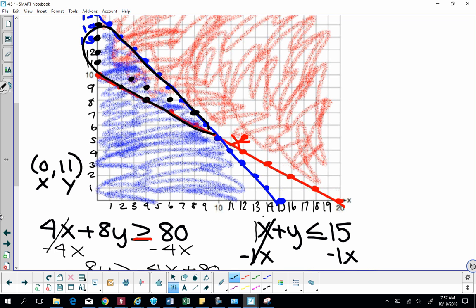What's 9 plus 4? 13. It's at 13. I know it's less than 15, and you will end up making greater than or equal to $80. And so all these points that fall in this little slice of pizza right there are your solutions. Any of those would work.